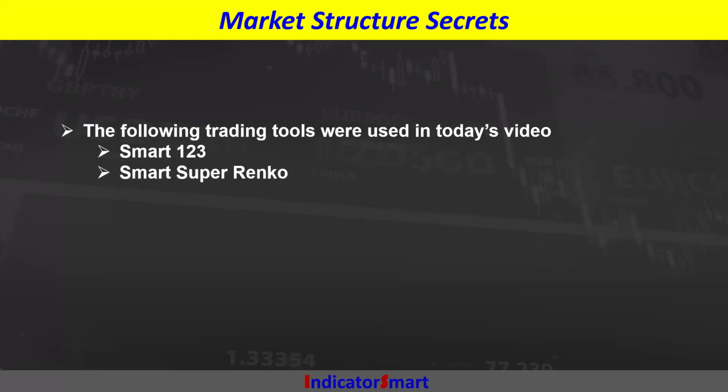And methods. So in today's video, we used Smart 1, 2, 3 from IndicatorSmart. We used the Smart Super Renko. What are other tools that could help us to identify parties on charts? I could use floor pivots. You could use VWAP. You could use the Smart volume profile and Smart support resistance tools to identify these 5 major parties.